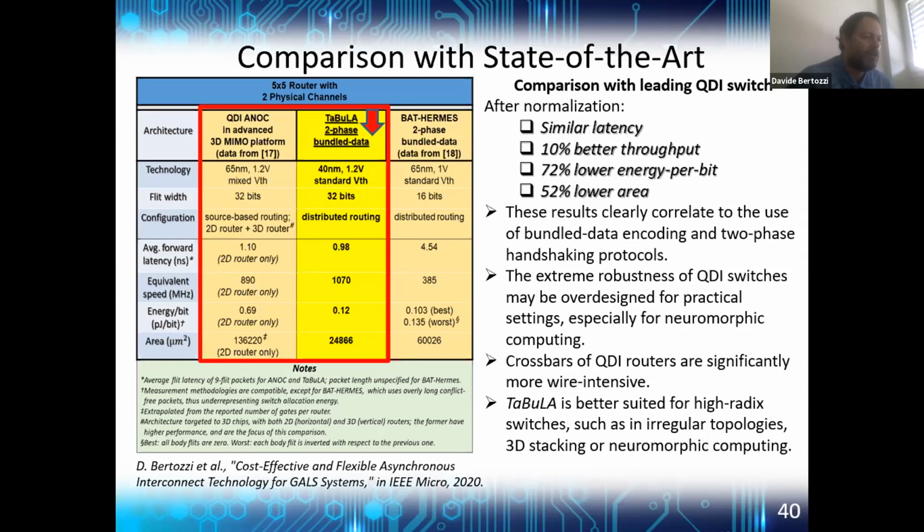However, this bundle data realization here, I forgot to tell you, the name is Tabula. Okay, we finally came up with the name for this. Tabula, due to its less wire-intensive crossbars, is better suited for environments requiring high radix switches, such as irregular topologies, 3D stacking, and last but not least, neuromorphic computing.